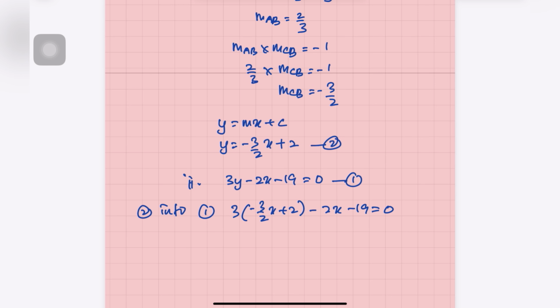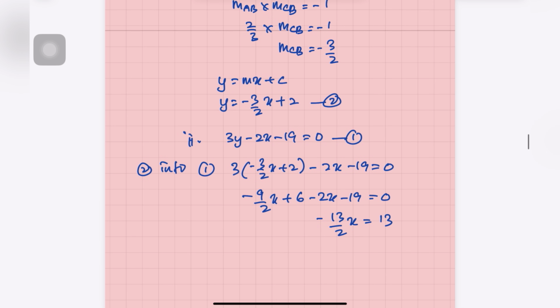Okay, so we solve this one. This becomes negative 9 over 2 x plus 6 minus 2x minus 19 equals 0. So negative 9 over 2 minus 2x is negative 13 over 2 x, equals 13. So then x equals negative 2.